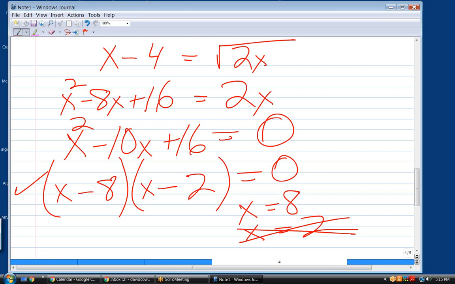It just means one of them does. There's no way you can multiply two things together and get 0 unless one of them is 0. So I come up with these two possibilities, x equals 2 or x equals 8, but they don't both have to be correct. Only one of them has to be. And in this case, the 2 doesn't work, and we're left with just one.